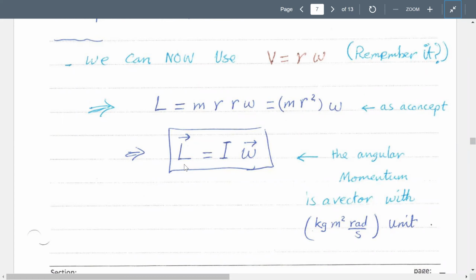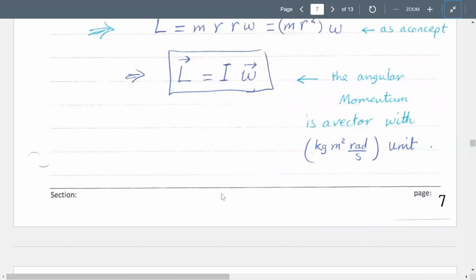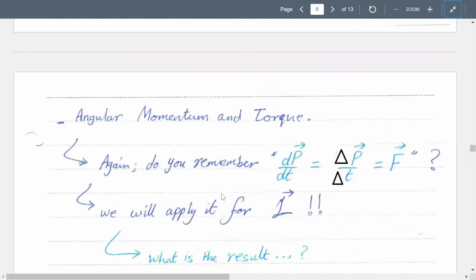Again, the momentum is equal to the mass multiplied by the velocity, but in angular motion, it is the angular velocity, so angular momentum in this case. And its unit now is not kilogram meter per second, it is kilogram meter squared per radian per second. Okay, this is the unit. So now we have angular momentum.